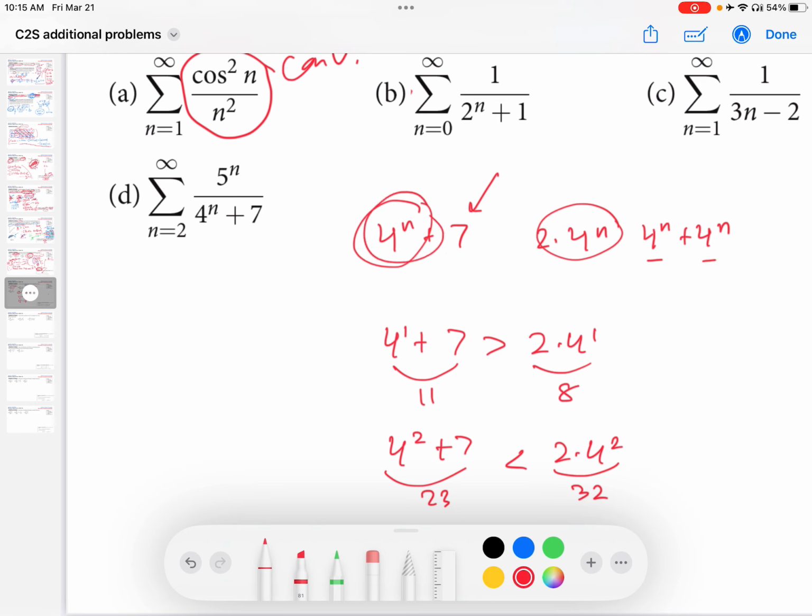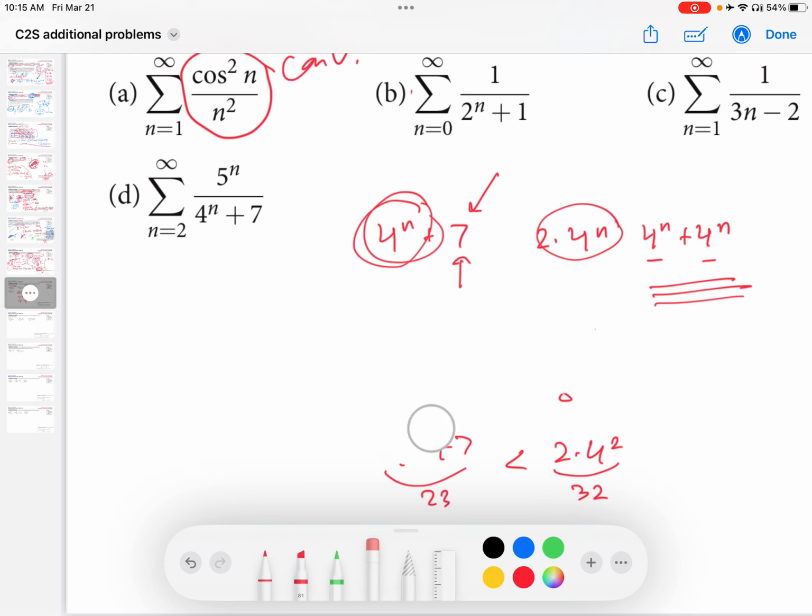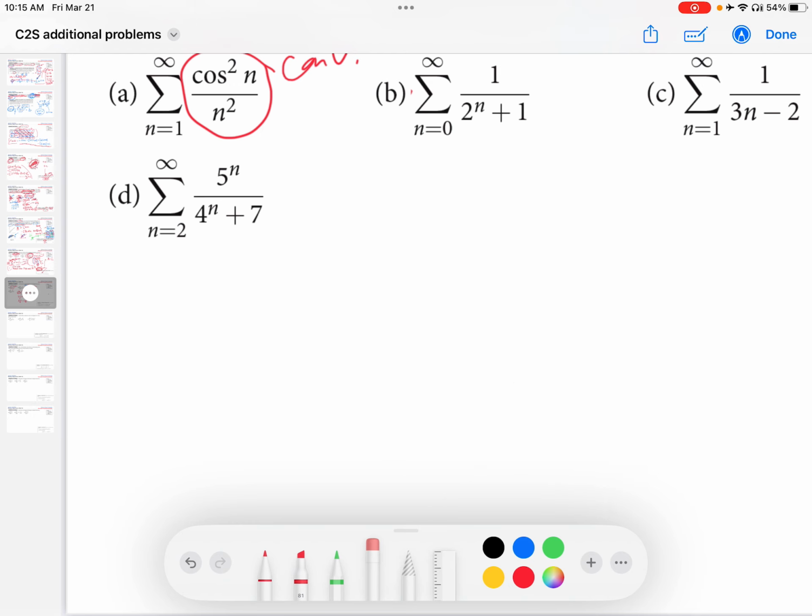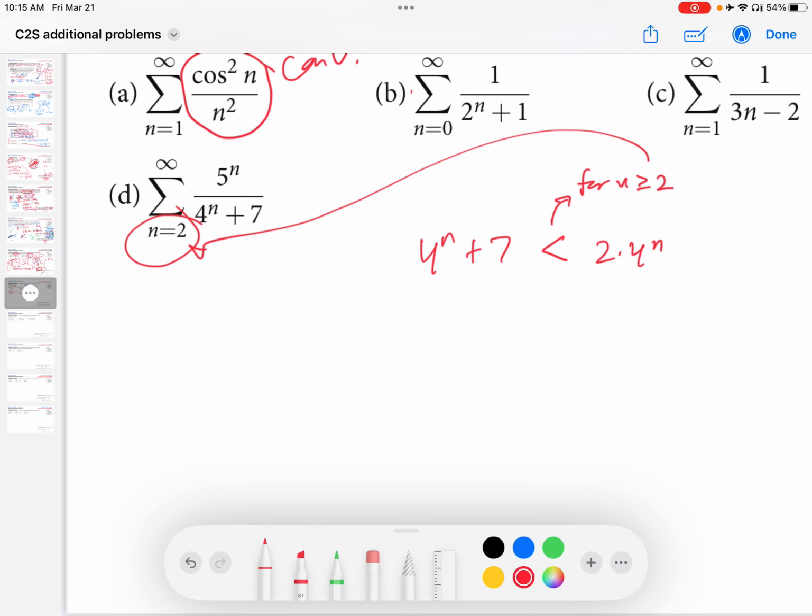Here I have 1 exponential function and then just plus 7. So eventually this right-hand side is going to win out. It's going to have larger y values. And what we've just shown is that that starts to happen exactly when n equals 2. So 2 times 4 to the n starts being larger than 4 to the n plus 7 when n equals 2 or larger. By the way, this is exactly where the series starts.